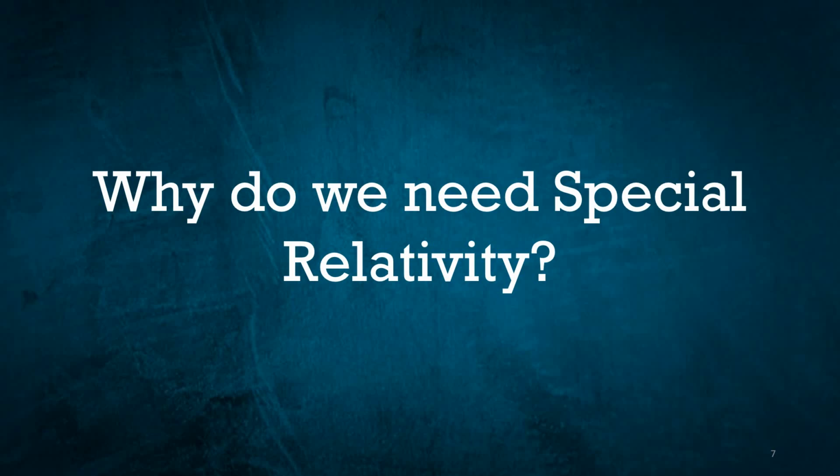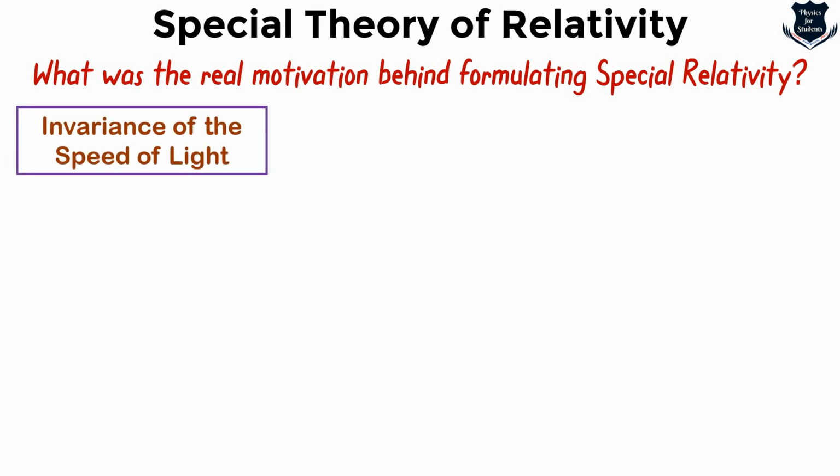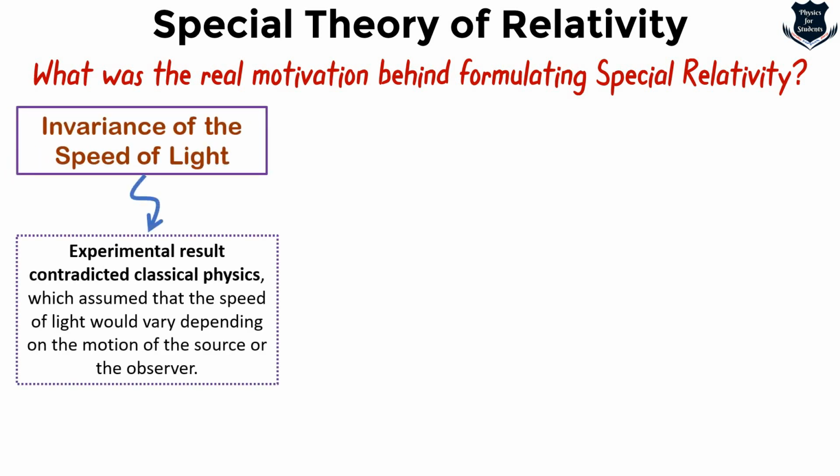Let us understand quickly. We are trying to find out what was the real motivation behind formulating special relativity. The Michelson-Morley experiment is related to special relativity in that it is one of the key pieces of evidence that led Albert Einstein to develop his theory. Einstein realized that the only way to explain the results of the experiment was to abandon the concept of the ether and to postulate that the speed of light is constant in all frames of reference.